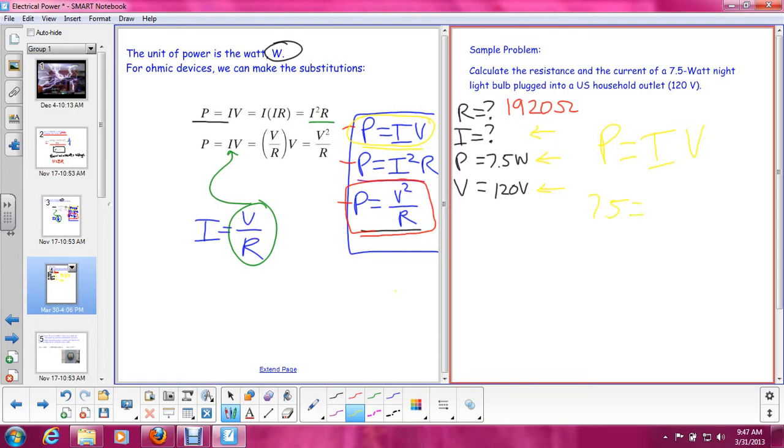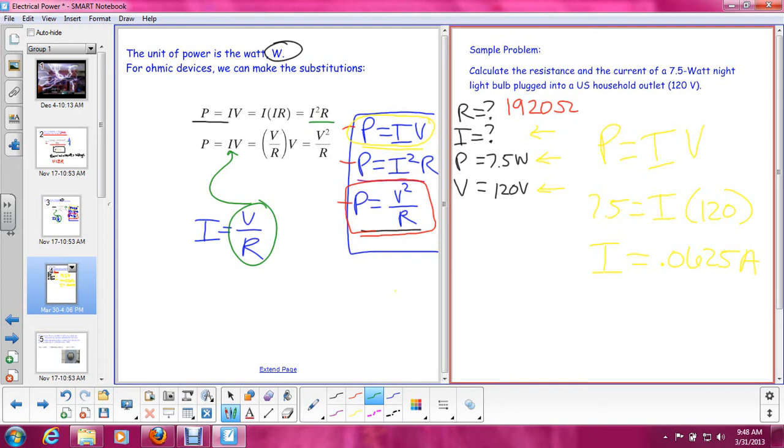7.5 equals I times 120. I equals 0.0625, and our units are amps. Or, if you wanted to do it another way, you can use Ohm's law.